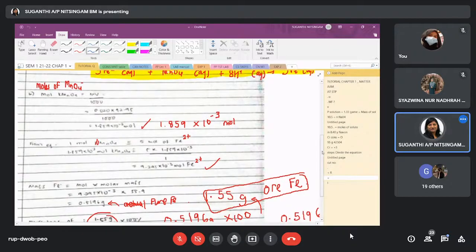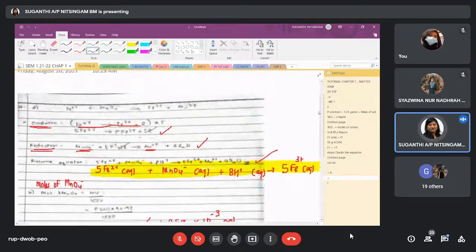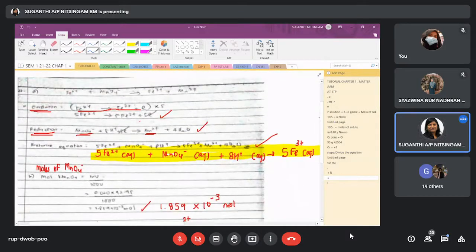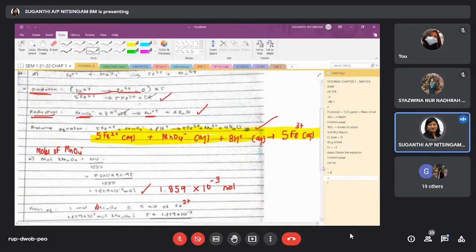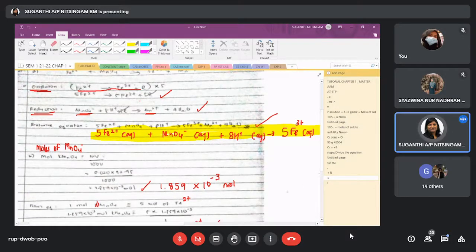Okay, kita tengok kerja budak ni. So this is from the other class they have done. So oxidation, reduction. Dapatkan dulu persamaan dia. Daripada persamaan ini baru kita cari moles of MnO4-. Once you have got the moles of MnO4-, from there you try and get the moles of Fe. From equation, MnO4- reacts with 5 moles of Fe2+.